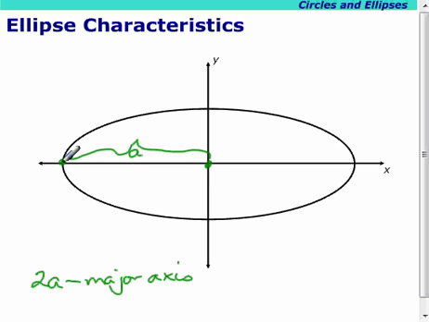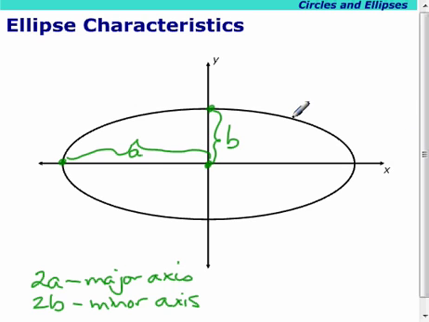If I've got a distance from the middle out to one of the edges here, of course I'm going to have one from the middle out to this edge, and that one is called b. Also 2b is the minor axis.